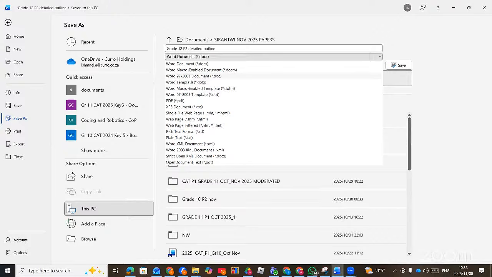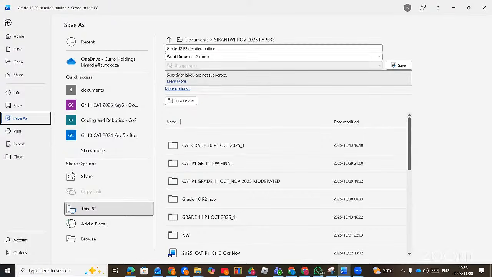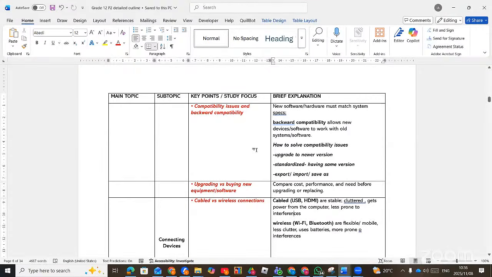So these are the things that you can use to remove some of the compatibility issues. Like in some offices, you will see the .odt, which is Open Document Text. When you have such a document, you have to save it as Microsoft Word format. That is a way of solving compatibility issues.